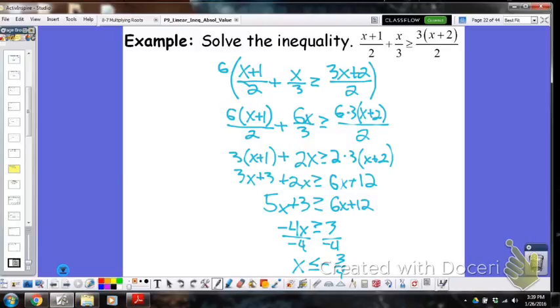And that means I will have a negative 1x greater than or equal to 9. So then x will be less than or equal to 9.